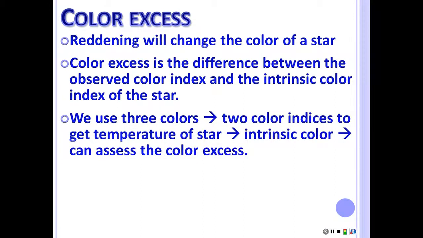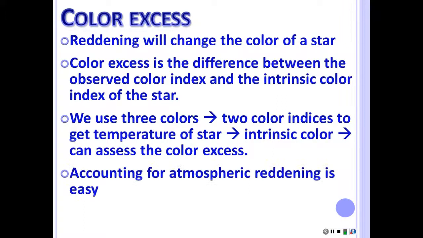And so we actually need to use 3 colors, that is 3 filters, which will give us 2 color indices. So let's say we've got UBV, we can do U minus B and B minus V, and with those 2 you can actually get the intrinsic temperature, because now you've got 2 points to anchor your black body curve, basically. And that will give you an intrinsic color, and it will tell you if there is an excess, and that excess is usually due to dust around the star or between you and the star.